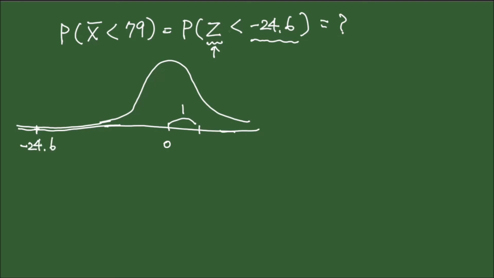And we want to calculate the probability z is less than -24.6, which means the area under this part, which is way less than 0.0001, which means impossible, right?